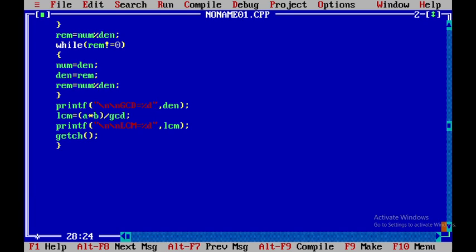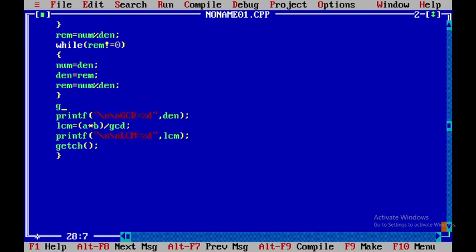So there is one more mistake. LCM is a star b divided by GCD, so we want to store GCD. GCD is equal to denominator, and then we print GCD here. Now if you run here, 12 and 18, the GCD is 6 and their LCM is 36.